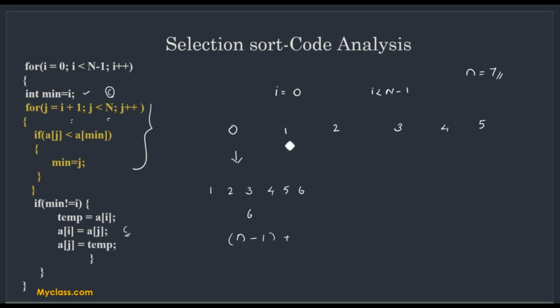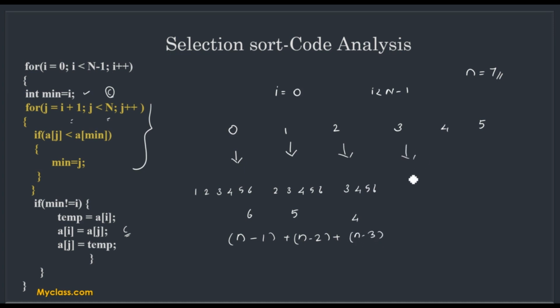Now when i equal to 1, our inner loop is working for 2, 3, 4, 5 and 6. That is 5 times, so we can write it as n minus 2 times. When i equal to 2, it is working for 3, 4, 5, 6, that is 4 times, which we can write as n minus 3.